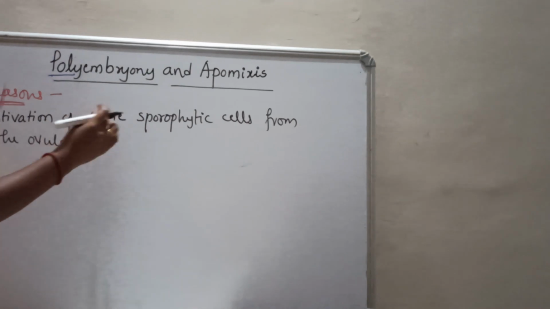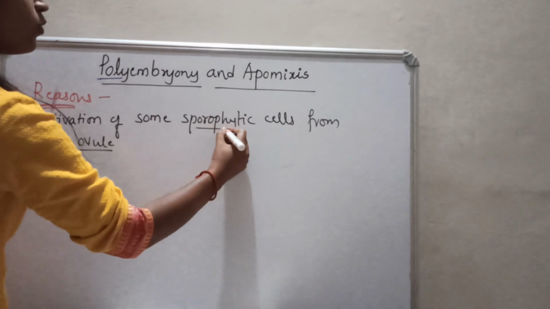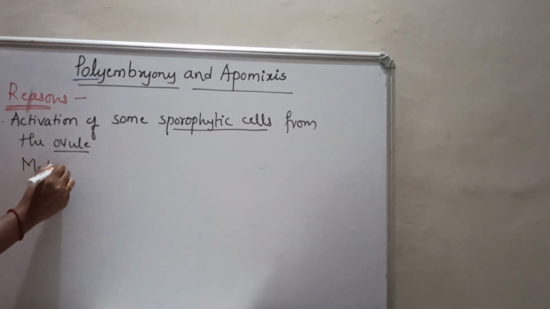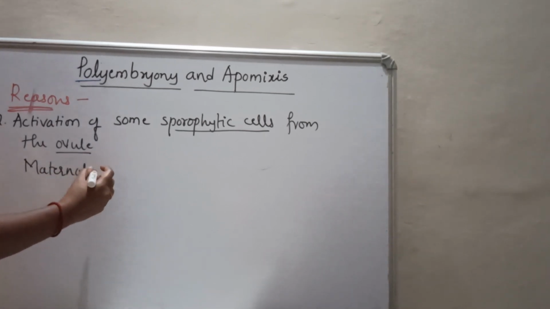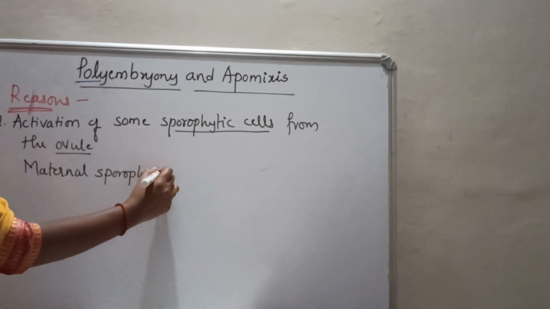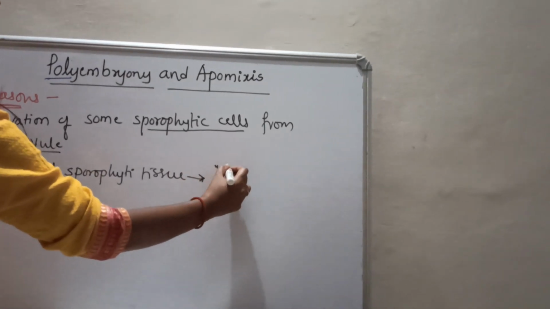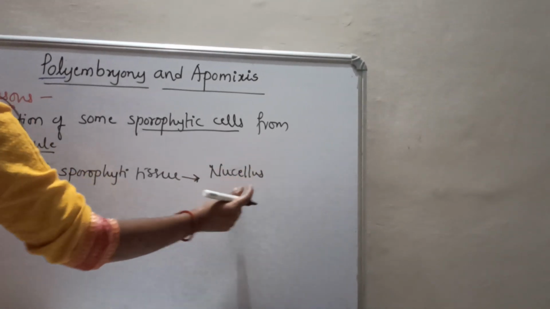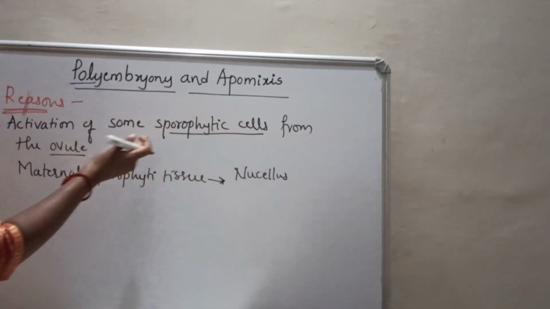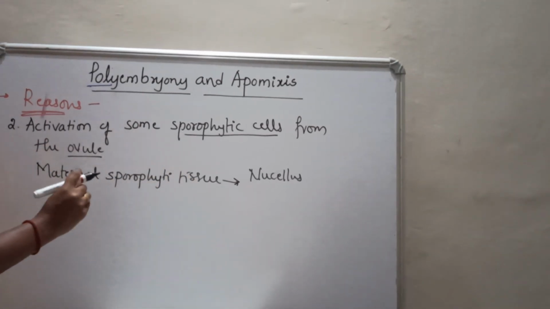Sporophytic cells are maternal cells. These are maternal sporophytic tissues, nothing but the nucellus. The activation of some nucellus cells of the ovule is involved in the formation of the embryo.